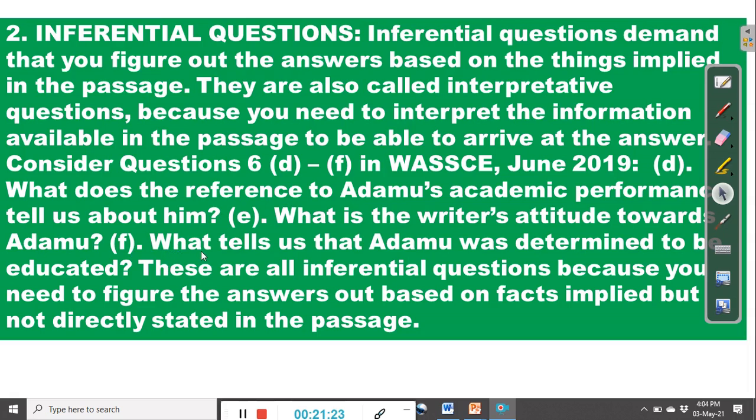Then question F, what tells us that Adamu was determined to be educated? You need also to figure this out from the facts. These are all inferential questions because you need to figure the answers out based on facts implied but not directly stated in the passage. All right?